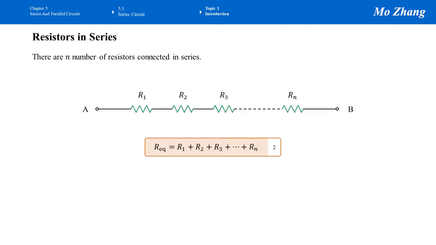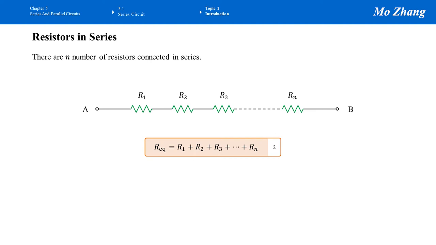Here we have more than two resistors connecting in series. They are R1, R2, R3, and all the way to Rn, where the n indicates the index of the last resistor. Here we have n resistors connecting in series.